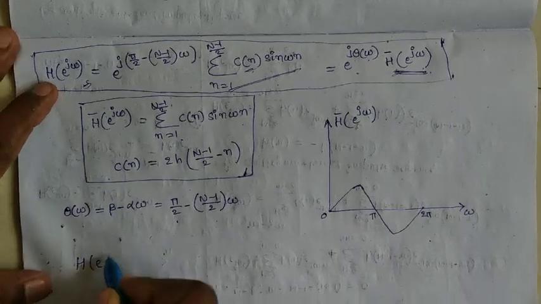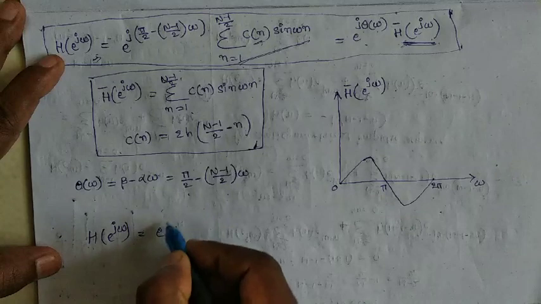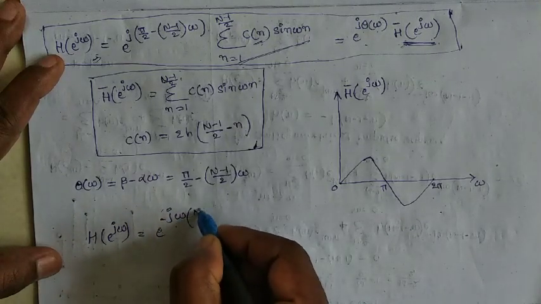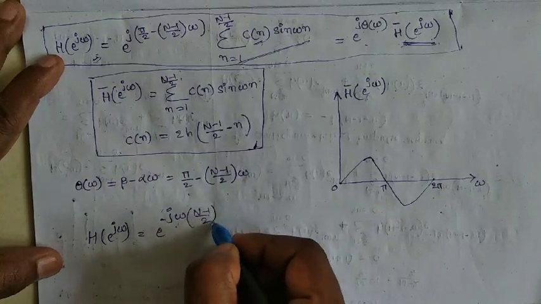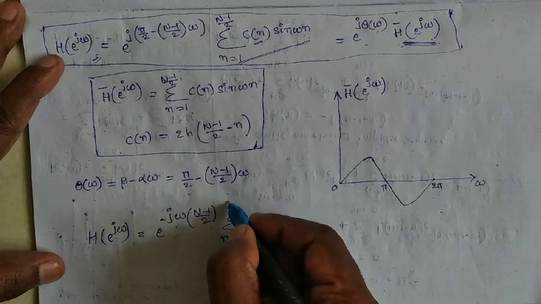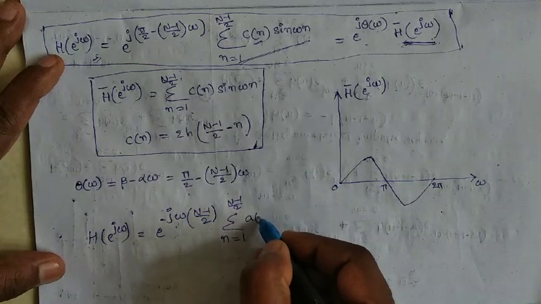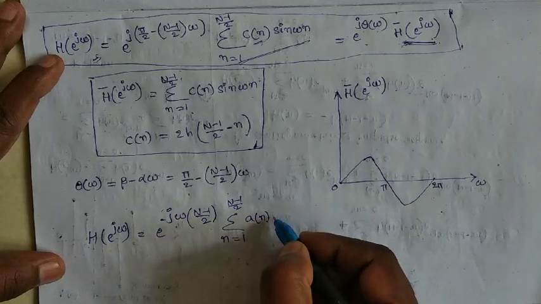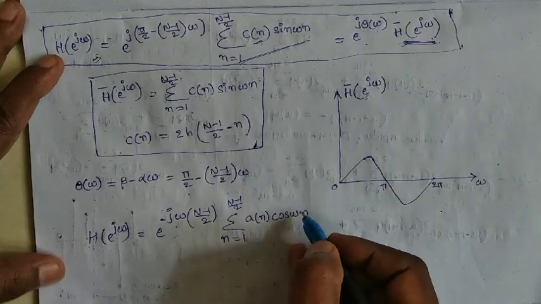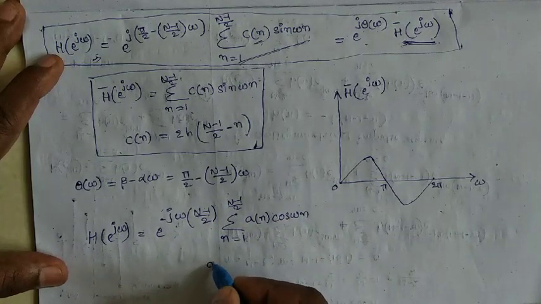H of e power j omega is equal to e power minus j omega capital N minus 1 by 2, of summation n is equal to 1 to capital N minus 1 by 2 of a of n cos omega n. Here how to calculate the a naught value?